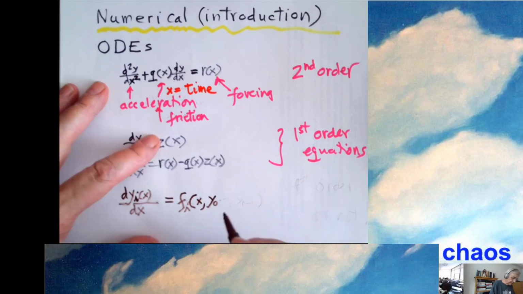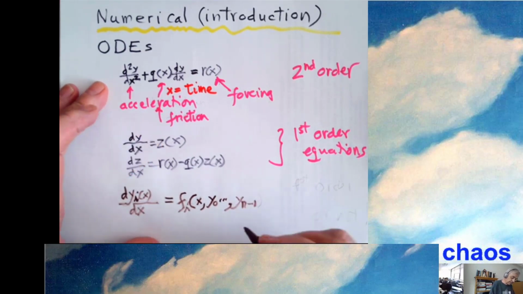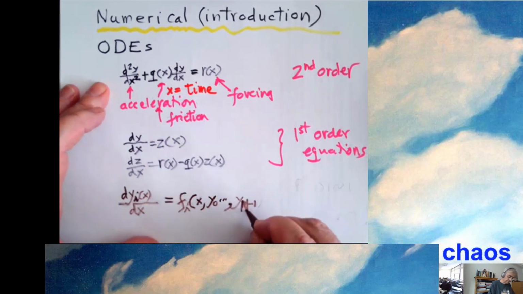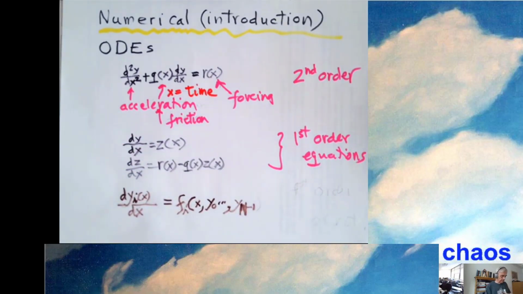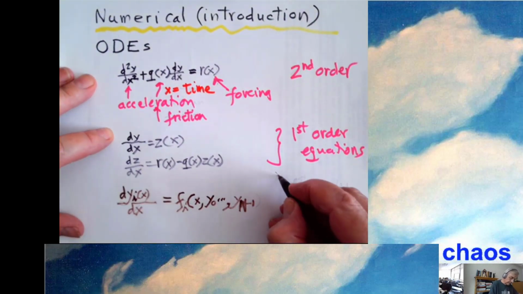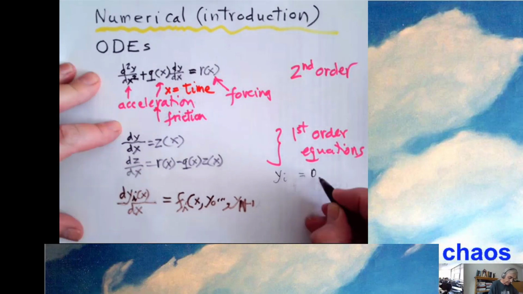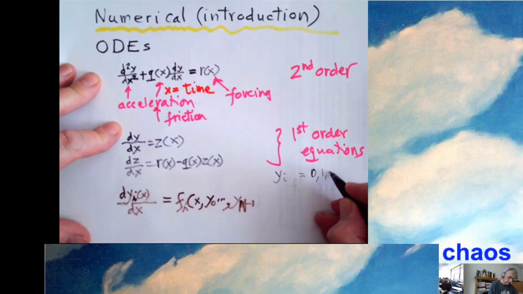And then it depends on where I am in that state space, which is capital N numbers, where the index is as many equations as I have. The first one I'll call 0, easier to drop to n minus 1.